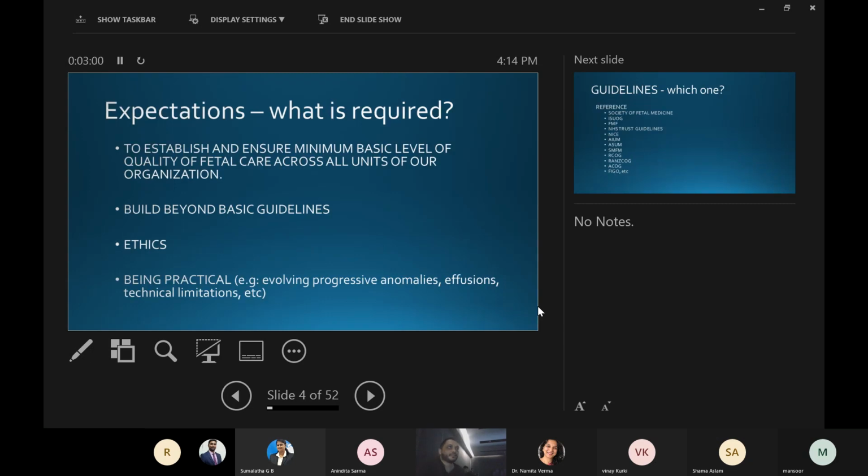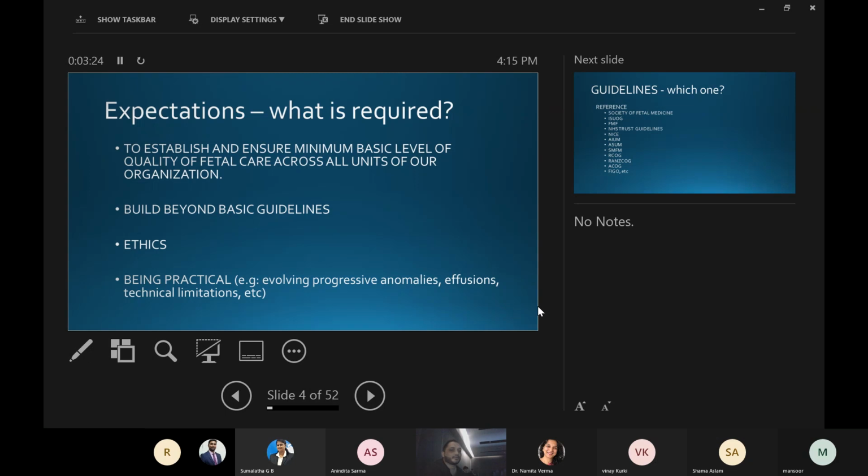So why are we doing all this? What are our expectations? The main purpose is to establish and ensure a minimum basic level of quality which should be offered in fetal care services across all the units of our organization.